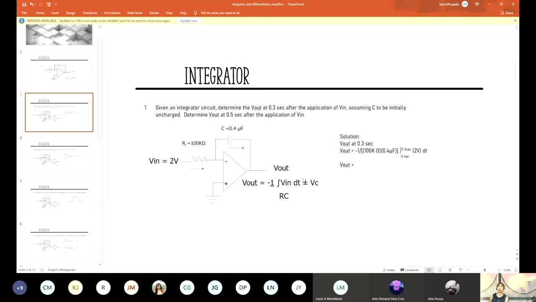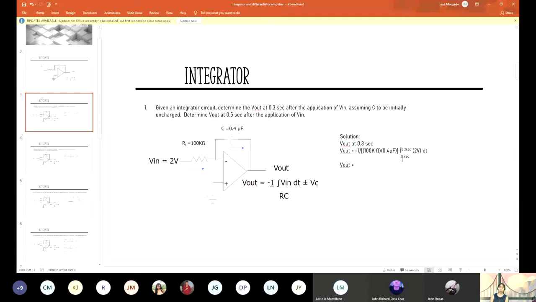The application of the equation is -1/RC, with R of 100K, C of 0.4 microfarad, integral of 2 volts dt, with limits from 0 to 0.3. What is the value of this? Please compute. What is 0.4 micro?